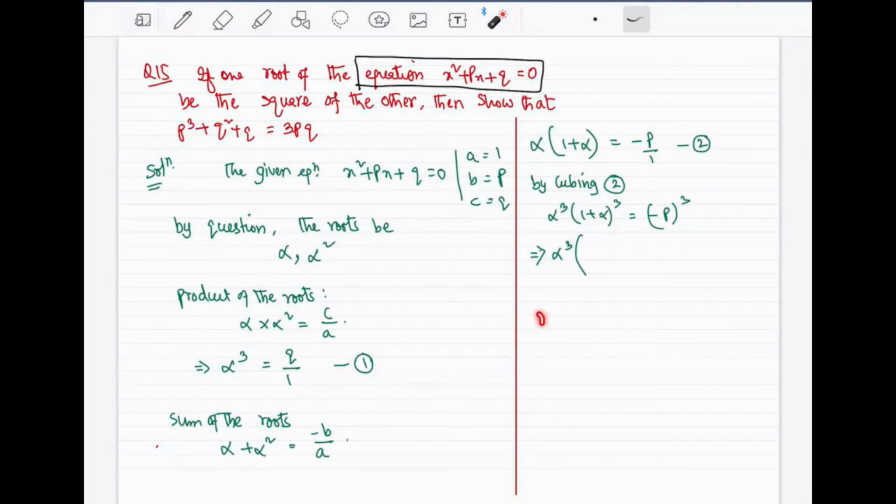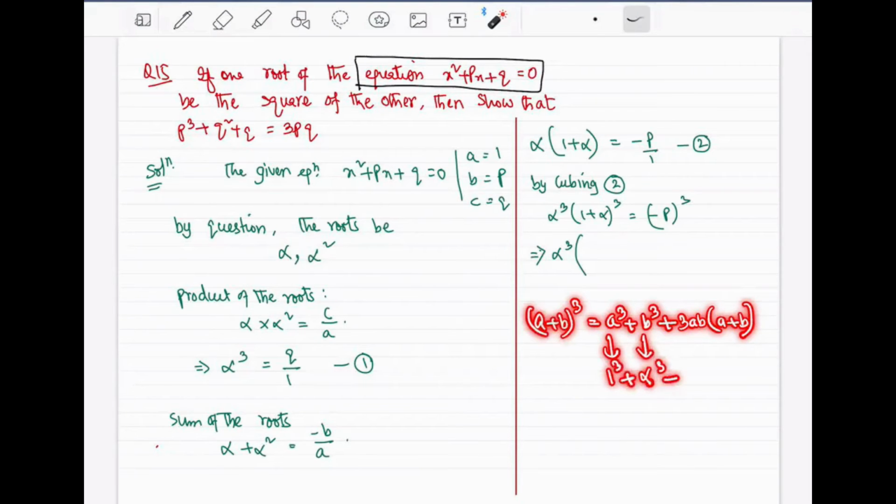What is the formula for a plus b whole cube? This will be a cube plus b cube plus thrice ab into a plus b. Instead of a, we are putting 1, and instead of b, we put alpha. So it will be 1 cube plus alpha cube plus thrice ab, which will be 3 into 1 into alpha into 1 plus alpha. So we can simplify it further.